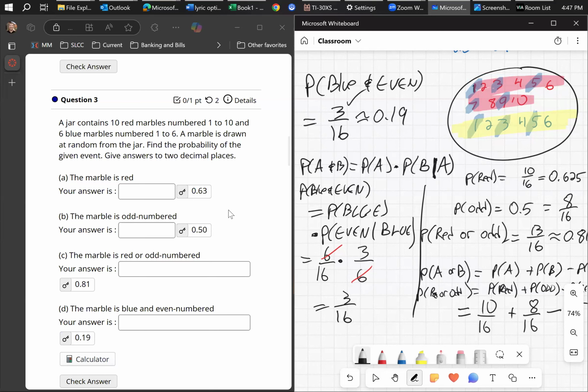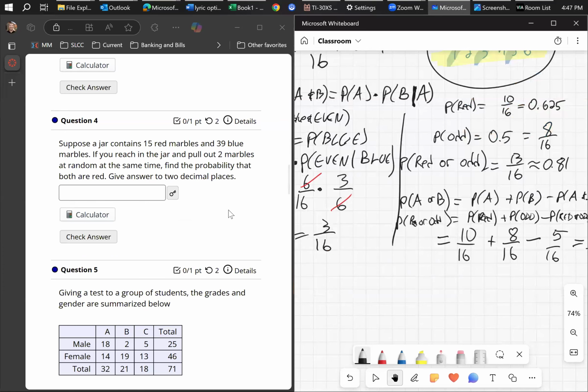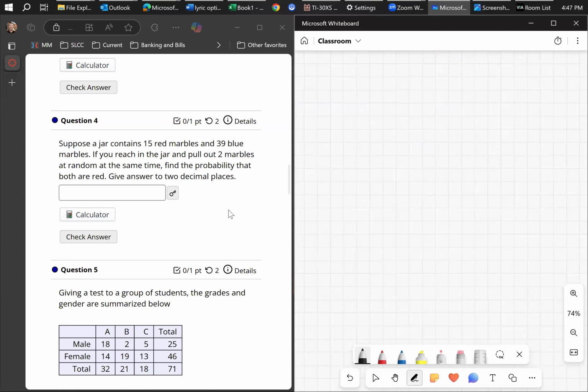All right, moving on. Number 4. Same kind of thing, jars with marbles. 2 marbles at random. What's the probability they're both red? So red and red. And this is specifically at the same time, so you don't have a chance to replace the first one.